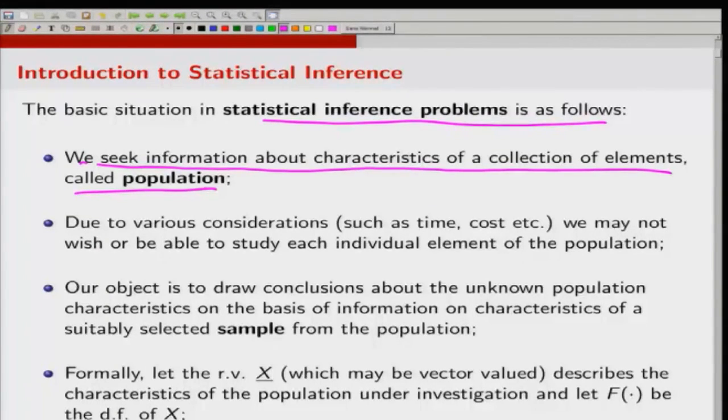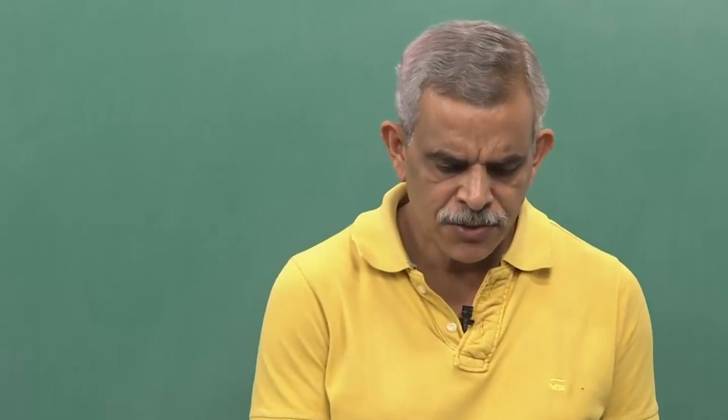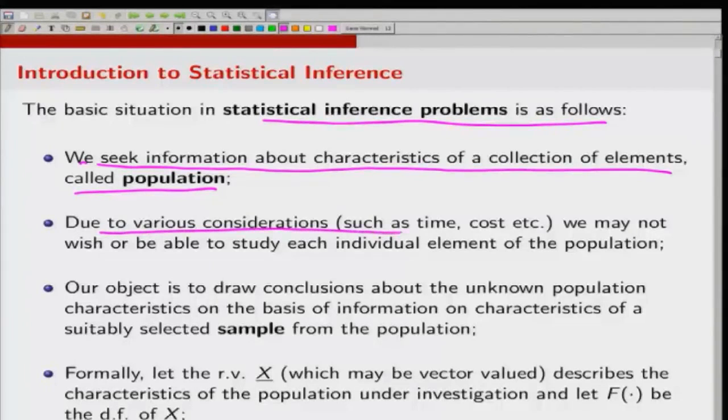Now, the best thing would be to take observations on each and every element of the population and then make certain inferences. However, due to various reasons such as time, cost and other factors, we may not wish or be able to study each individual element of the population. It may be too expensive, it may not be practically possible to examine each and every element of the population.